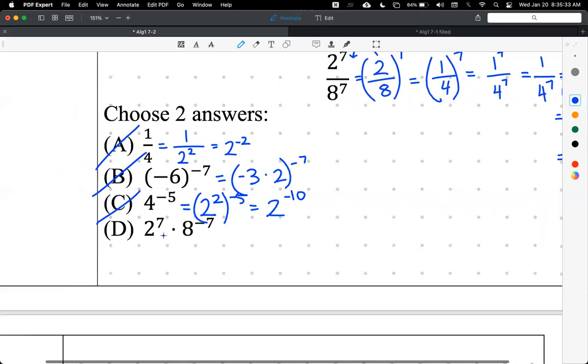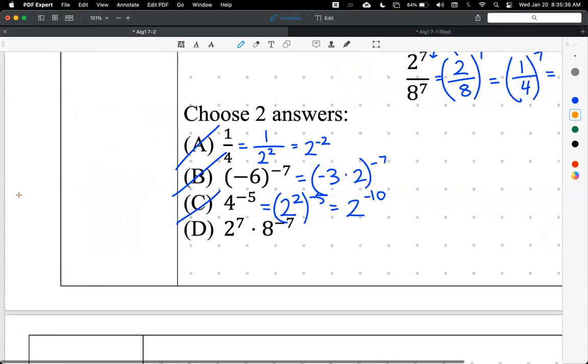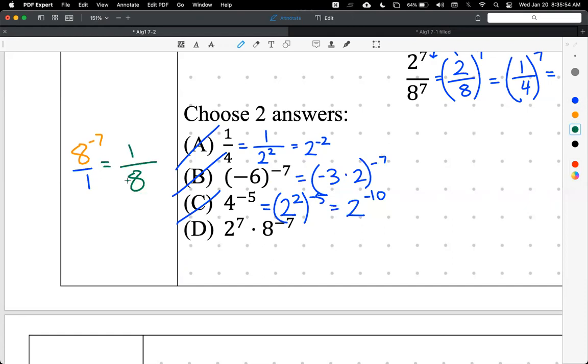Let me do some side work to show you guys what's going on. 8 to the power of -7 is really the same thing as 8 to the -7 over 1. I can just have everything over 1. If I flip it, if I take the reciprocal, that means I don't have a negative power. This can be equal to 1 over 8 to the power of now a +7. That's my reciprocal rule, my negative power rule.